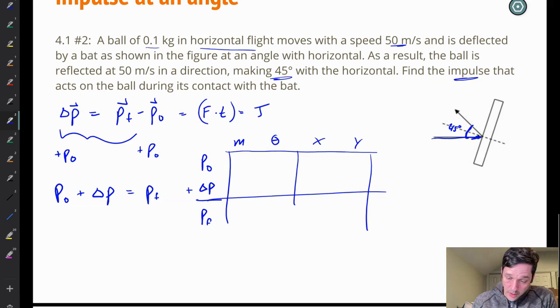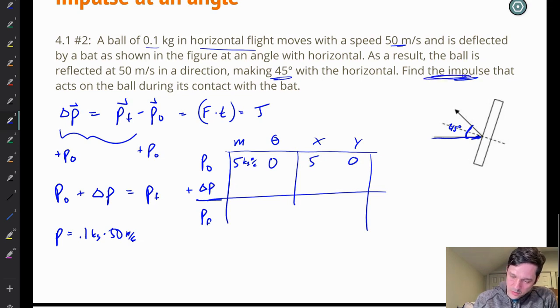And so let's see what I know. 0.1 kilograms times 50 meters per second, so that's going to be 5 kilogram meters per second. So it's got 5 units of momentum to the right and none vertically. We would like to know the impulse. Well, that's this whole thing. We would like to know the change in momentum. Well, we'll get there.